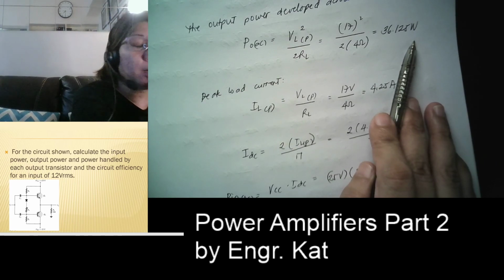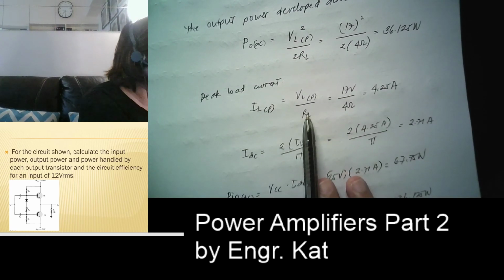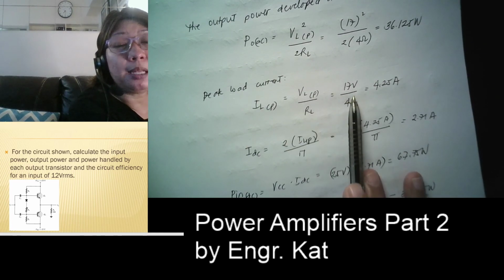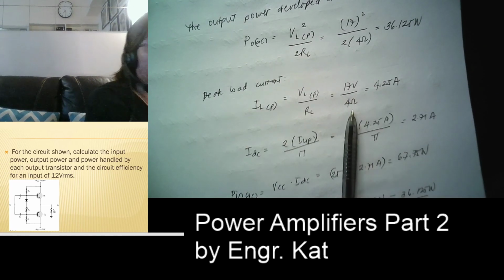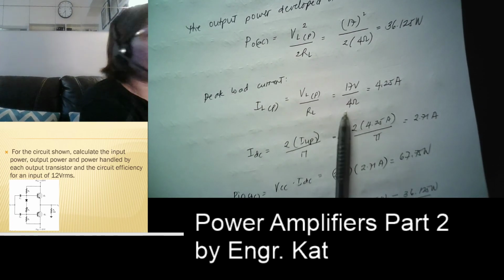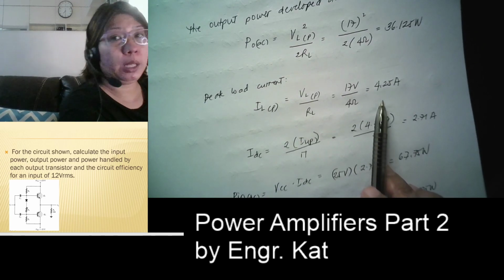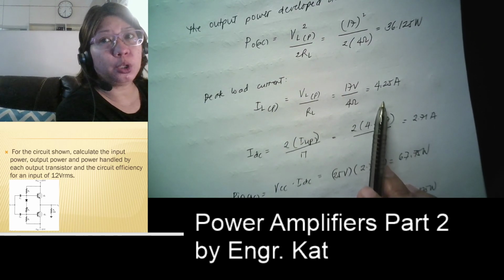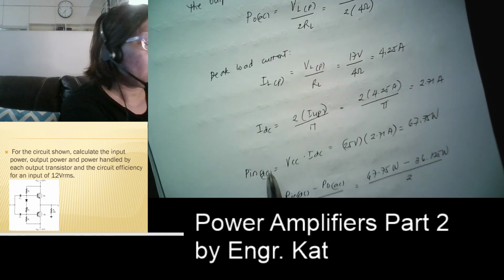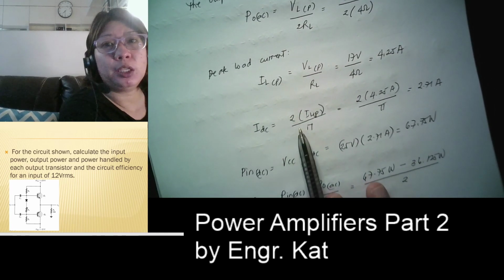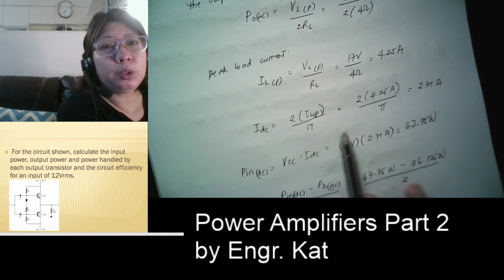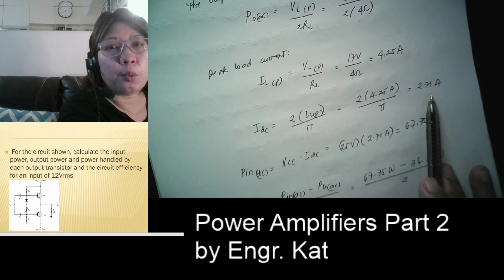The peak load current is the current across the load, which is VL divided by RL. So 17 divided by 4 ohms will give us 4.25 amperes. We need that IL so that we can solve for IDC. IDC is 2 times IL peak divided by pi. So that will give you 2.71 amperes.